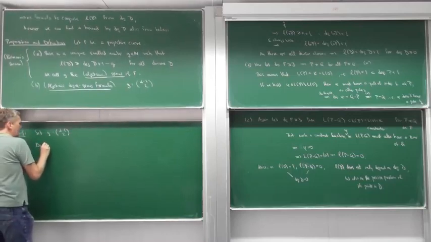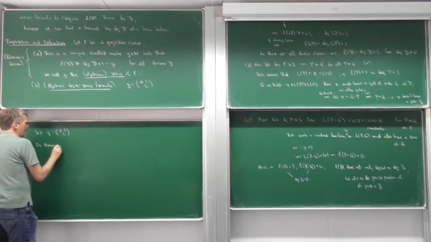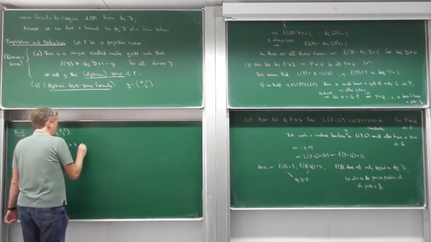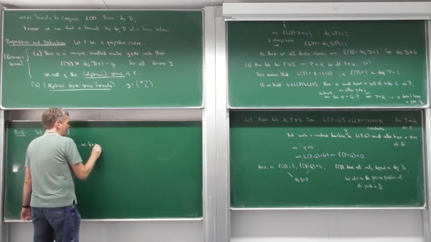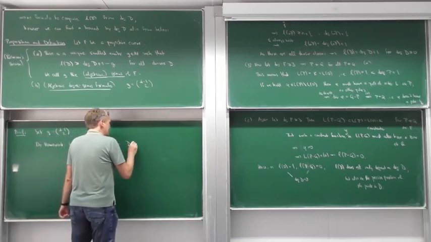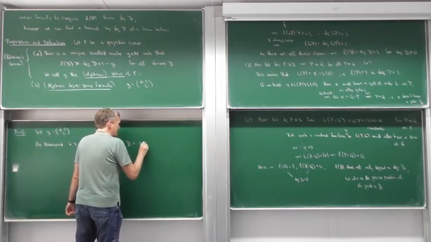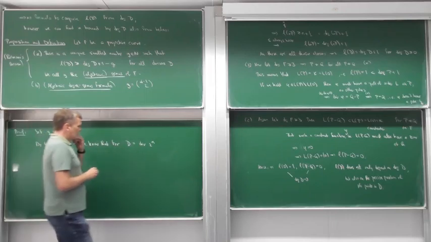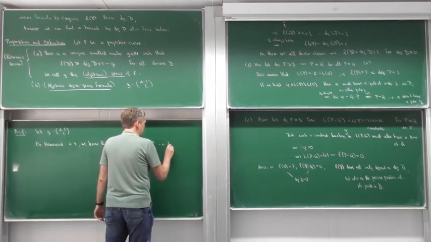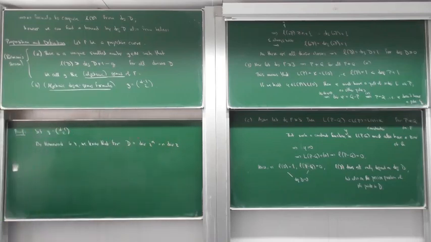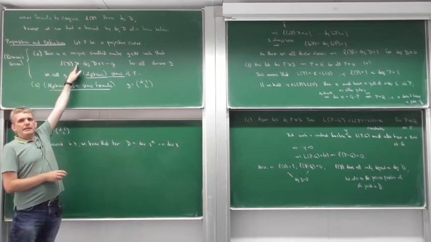By homework 6.4, we know that for D equals the divisor of z to the n, which is the same as n times the divisor of z, with z just the last coordinate on the curve, we do have an equality here.